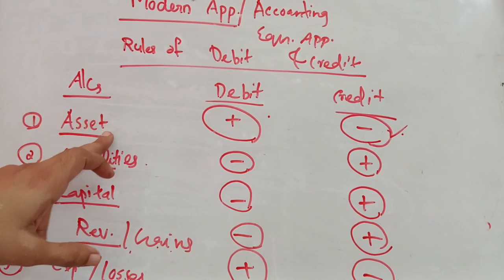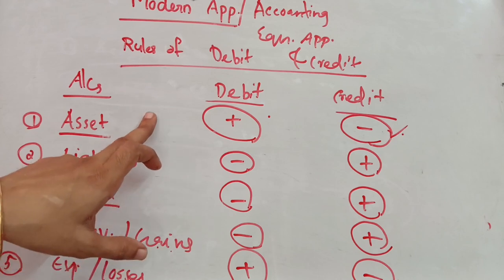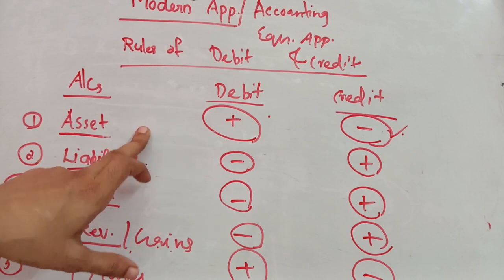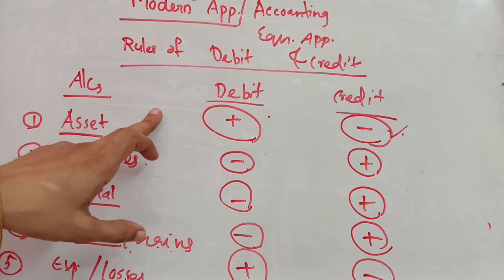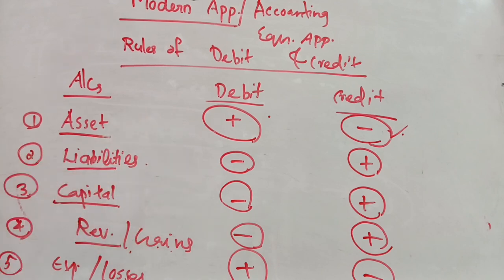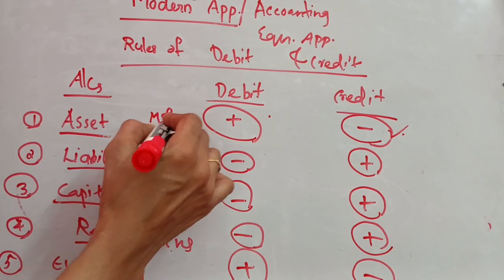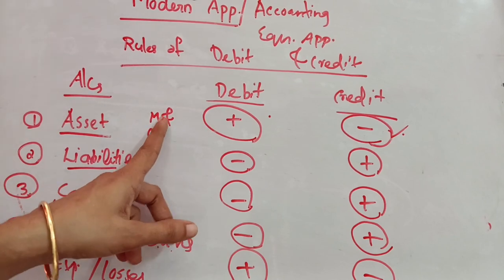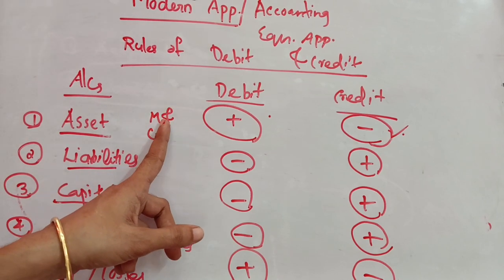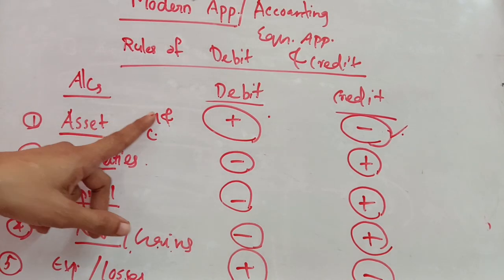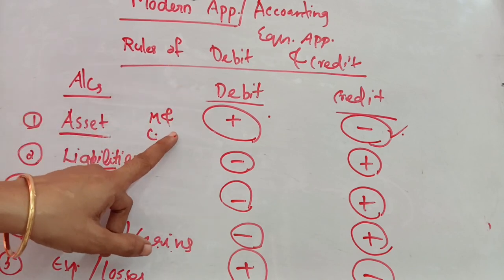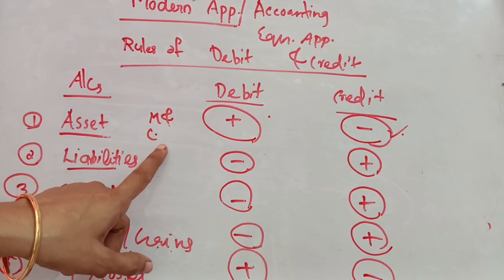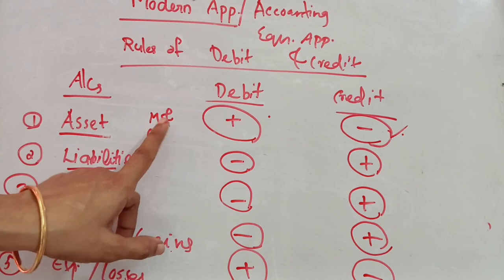For example, we are purchasing machinery for rupees 50,000. Here the two accounts involved are machinery account and cash account. After purchase, the machinery amount will increase, and the asset that is decreasing is cash.